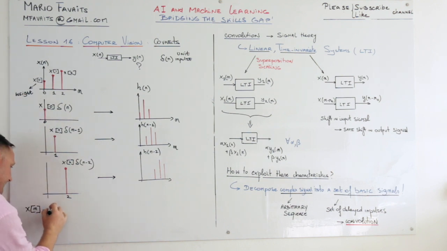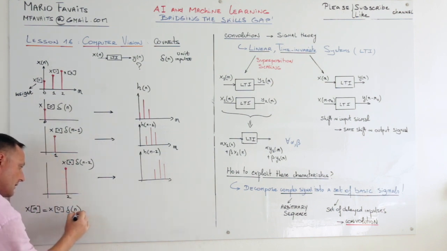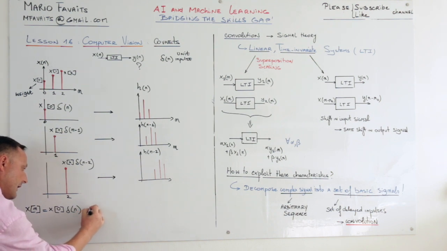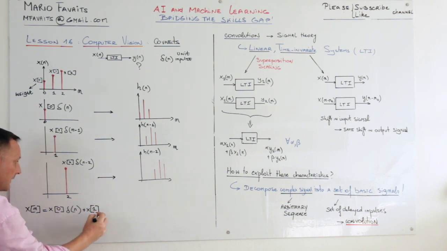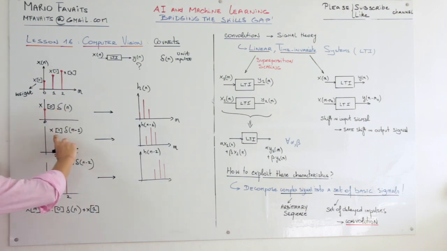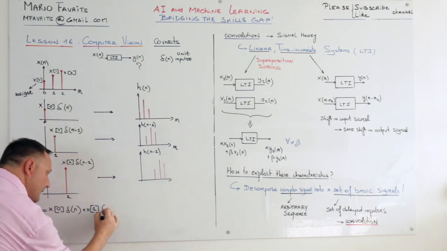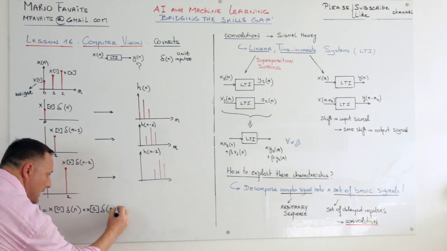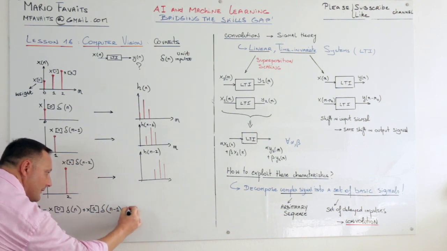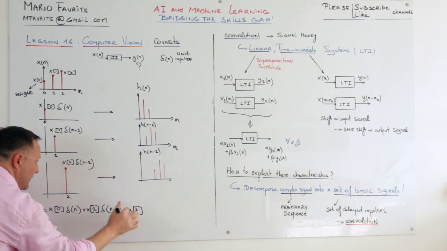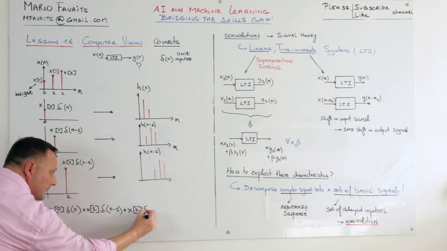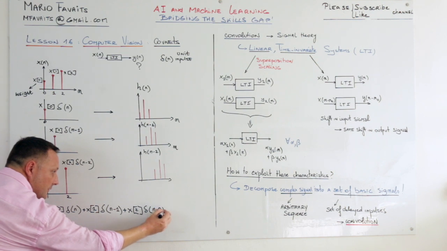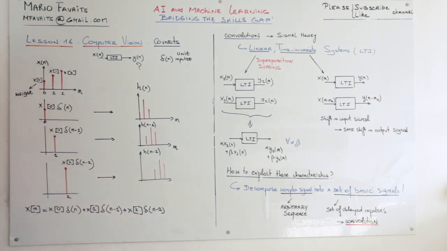So we have x of 0, which is the height of the pulse, times the unit impulse, plus x of 1, which is the height of this one, times the delta of n minus 1, plus x of 2, which is the height of this one, times the delta of n minus 2. This is how we decompose that function.